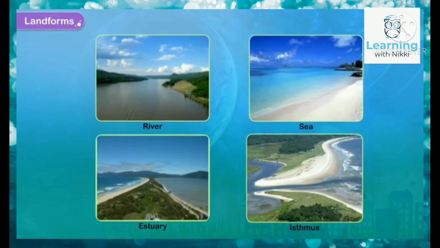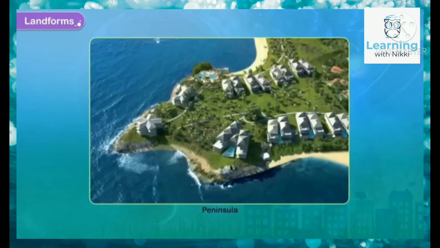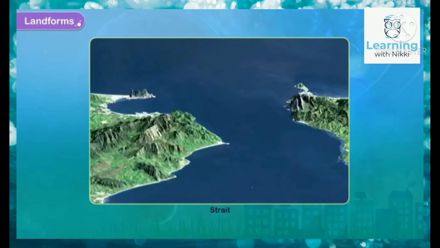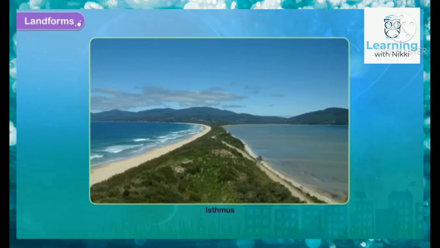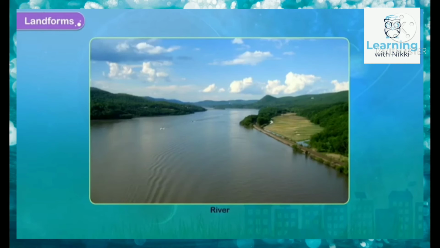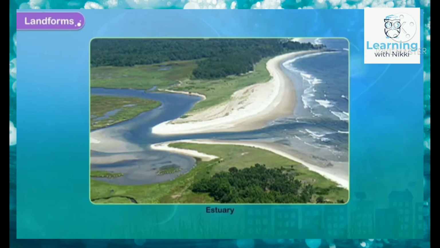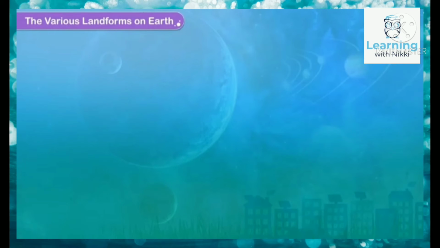Additionally, there are a few landforms where water and land are in close association, such as peninsula, sea, bay, strait, isthmus, river, delta and estuary. The various landforms on earth.